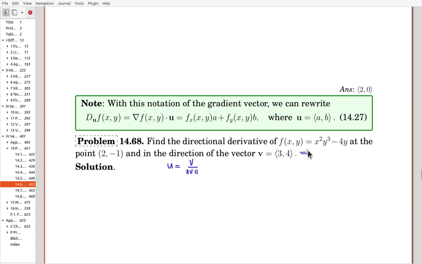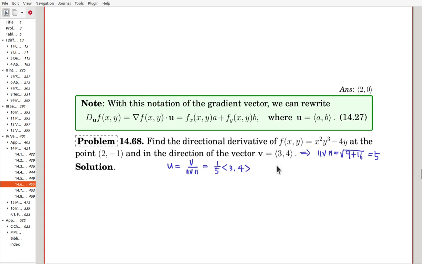And from this one, length of v is the square root of 3 squared, 9, plus 4 squared, 16, so that is a 5. Okay, so that is same as 1 over 5 times (3, 4). That is the unit vector in the direction of v. So we found the u.